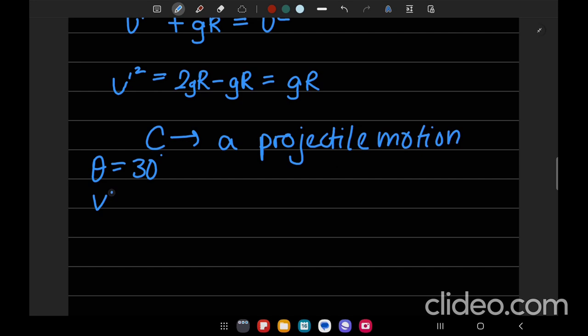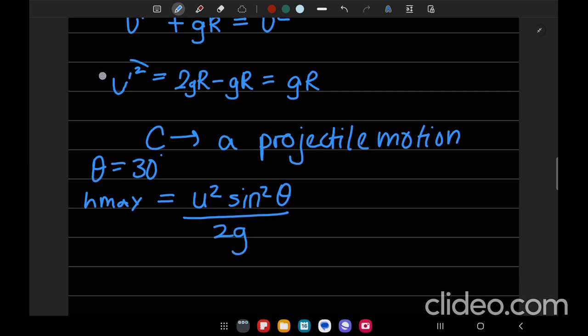We got the initial velocity of the projectile motion to be v naught, and for maximum height we require the equation u square sine square theta by 2g.